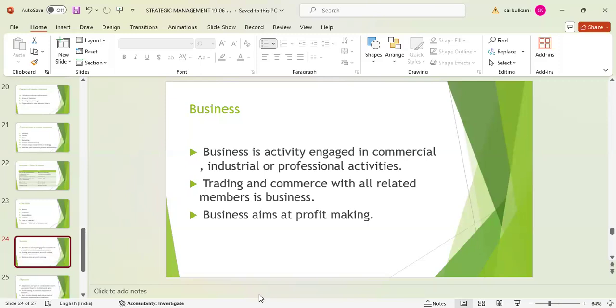Simply, business is the activity engaged in commercial, industrial, or professional activities. And it is very clear that each and every business aims at profit making. So where business is there, the profit is the aim. Only NGOs are different, non-profit organizations.